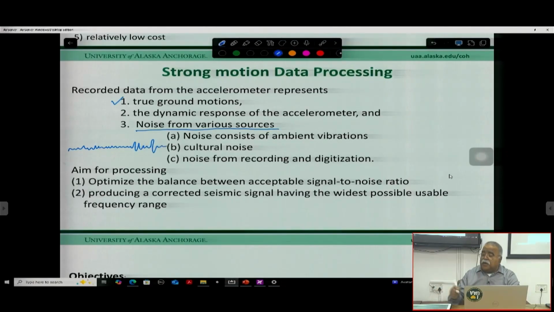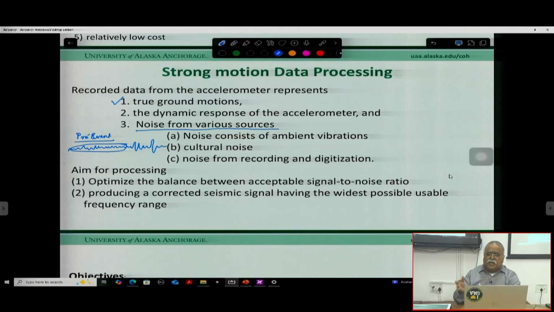This noise level we call the pre-event noise. Before the event appears, the pre-event noise is the noise level of that particular site.